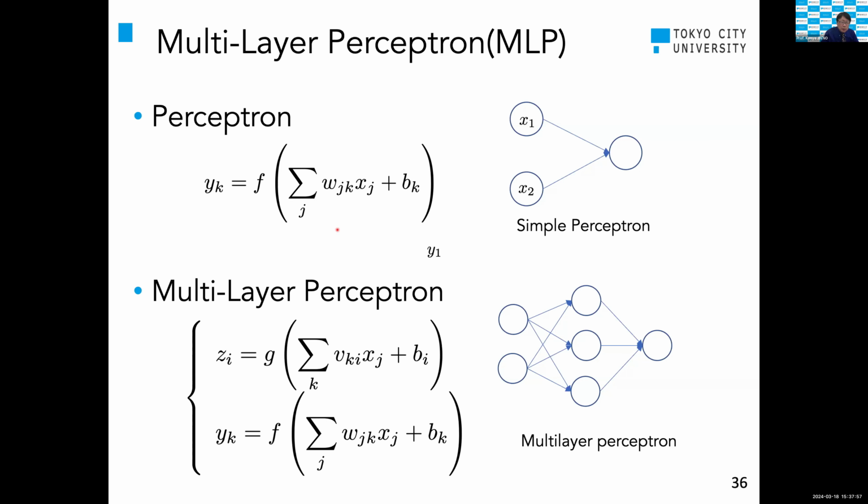Generally, the loss function of a multilayer perceptron is non-convex with many parameters. Typically, optimization of a multilayer perceptron is performed based on the gradient of the loss function.